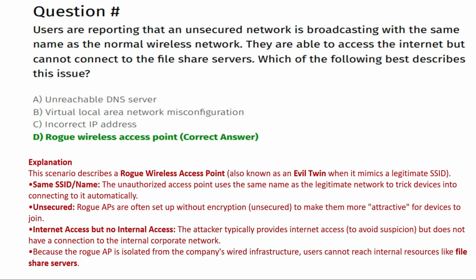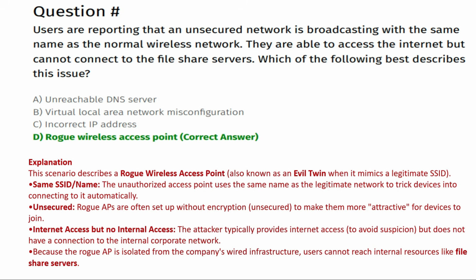So let's check the explanation. So this scenario describes a rogue wireless access point, also known as an evil twin, when it mimics a legitimate SSID. Same SSID name means the unauthorized access point uses the same name as the legitimate network to trick devices into connecting to it automatically. Unsecure, so rogue APs are often set up without encryption to make them more attractive for devices to join.